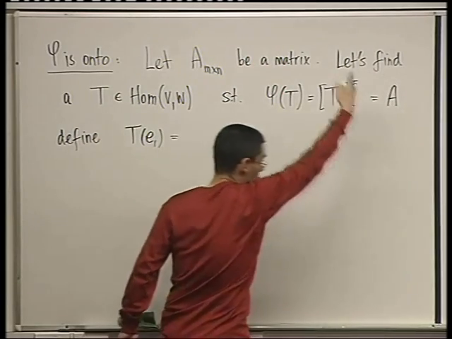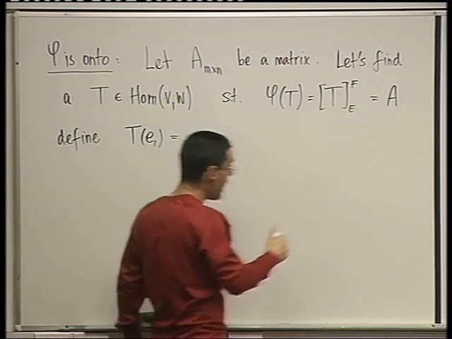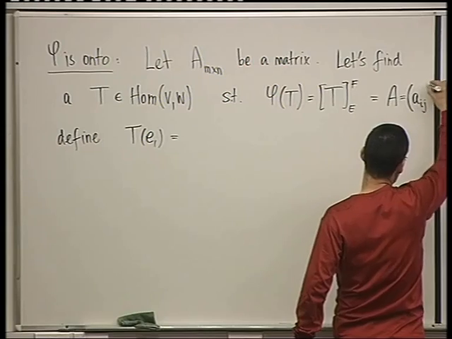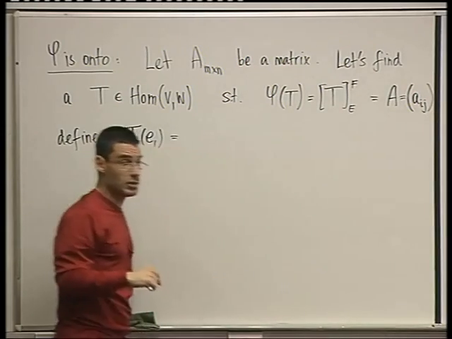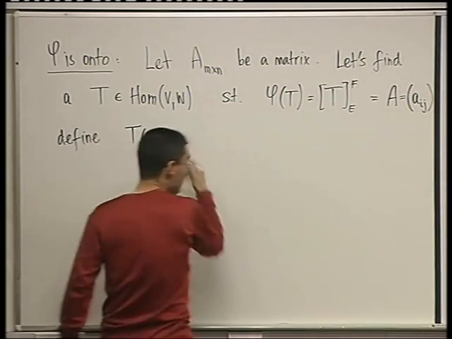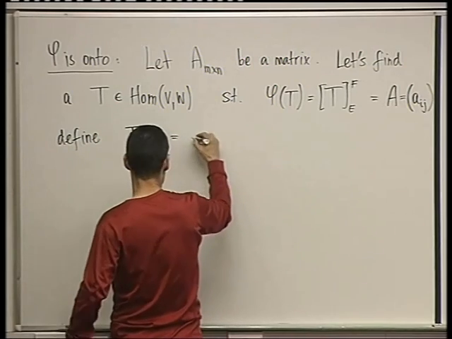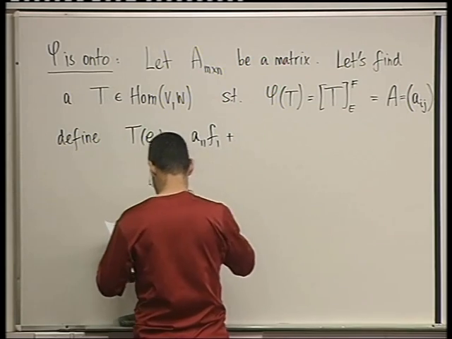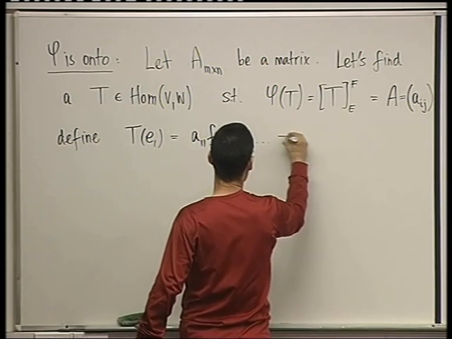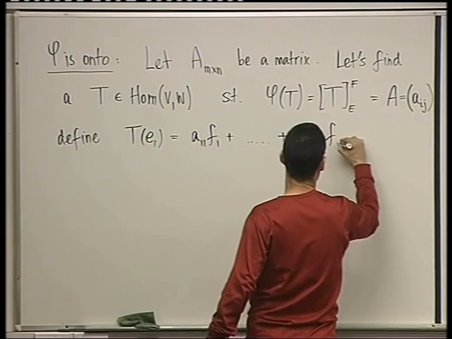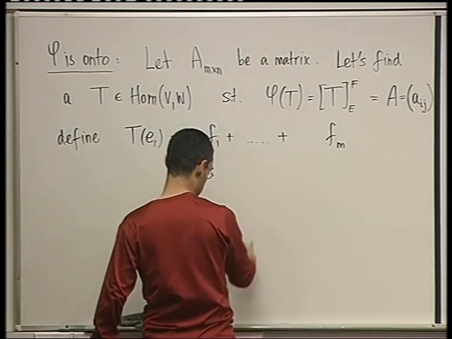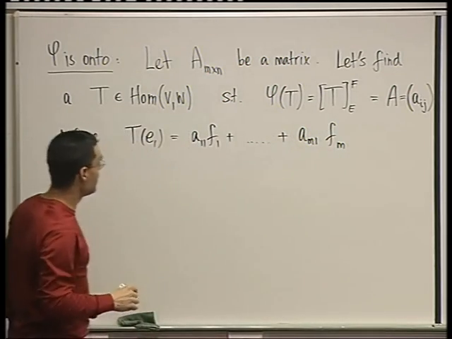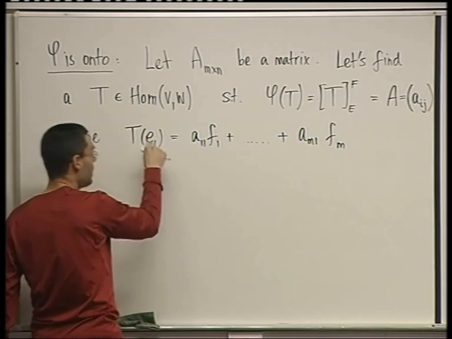Because when I transpose, I should get A. So if we call A, Aij, that's just giving names to its elements. So T of E1 is going to be A11 times F1 plus ... and I want the first column, so plus Am1 Fm. That's what I want T to do to E1.